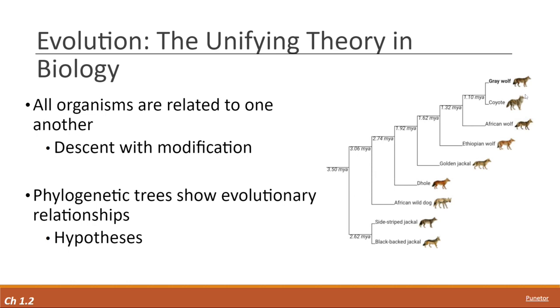And what you're seeing here is called a phylogenetic tree, and it helps us to think about how they might be related. It's really a working hypothesis, meaning some of these relationships may not be specifically, if you want to say, proven, but it gives us a picture about how related these animals are. So we'll talk about evolution in some detail, but this is an introduction.